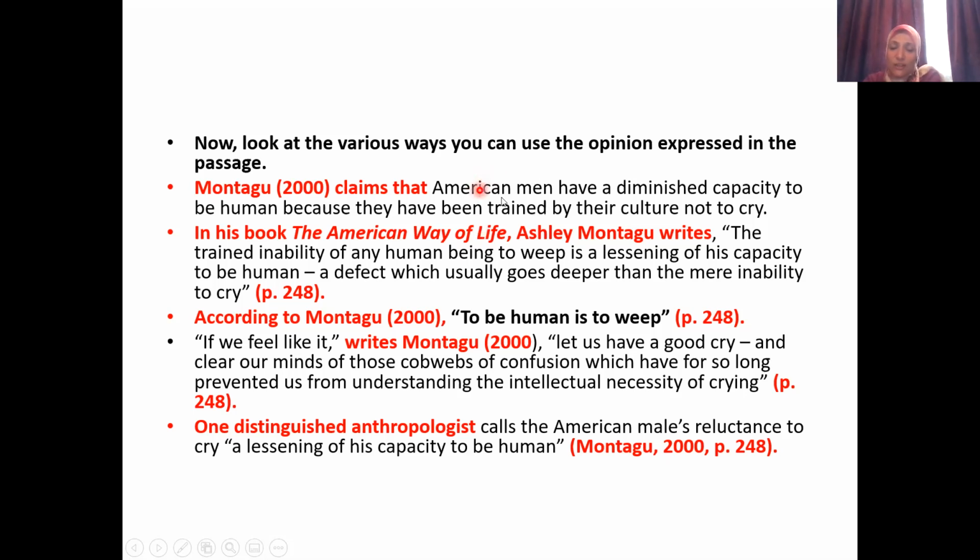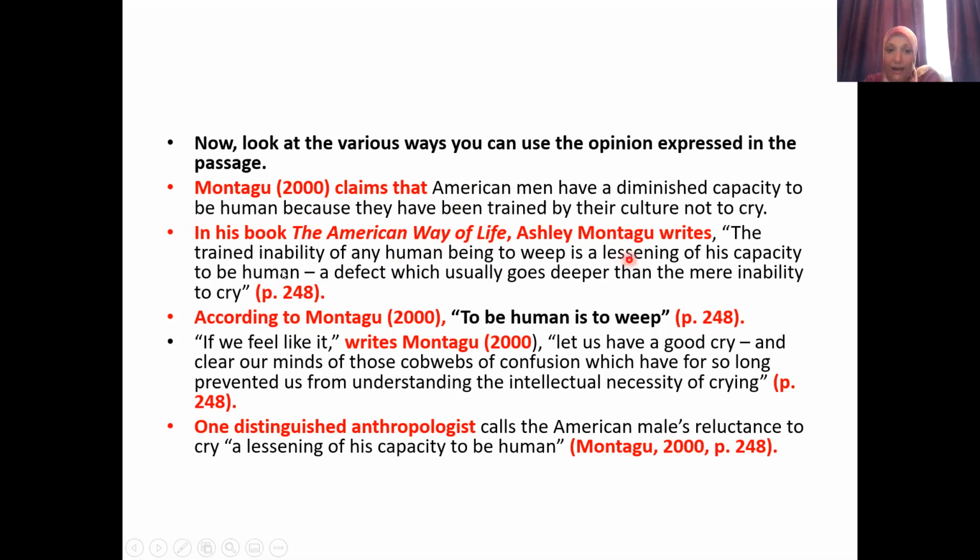So here the student said, Montagu 2000 claimed or stated, it's better to stick to the past tense while using the phrasal verb, that American men have a diminished capacity to be human because they have been trained by their culture not to cry.